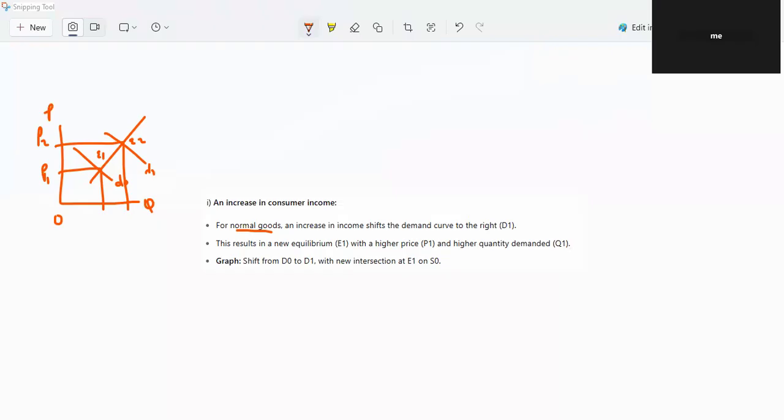What happens if the price of a substitute goes up? Remember, give me an example of a substitute good. What are substitute goods? I'll give you an example: coffee and tea. So what do you think happens when the price of coffee goes up?